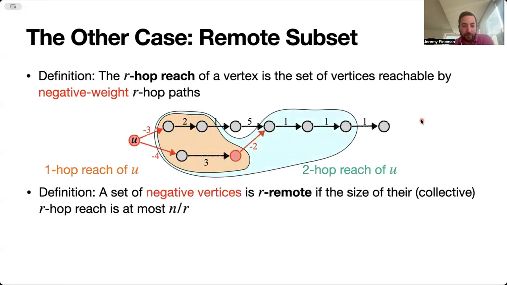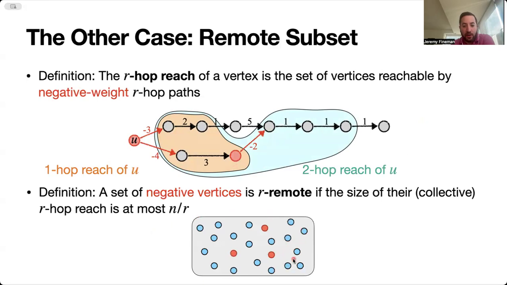I say that a set of vertices is R remote if the size of their collective reach is at most a 1 over R fraction of the graph. So in this picture, this is the entire graph, and if these 3 vertices are R remote, then they should have a reach that only reaches a 1 over R fraction of the graph.